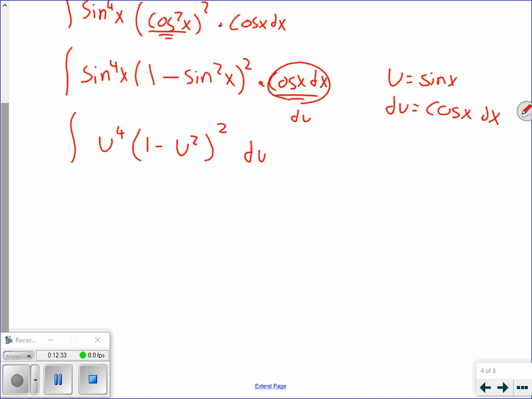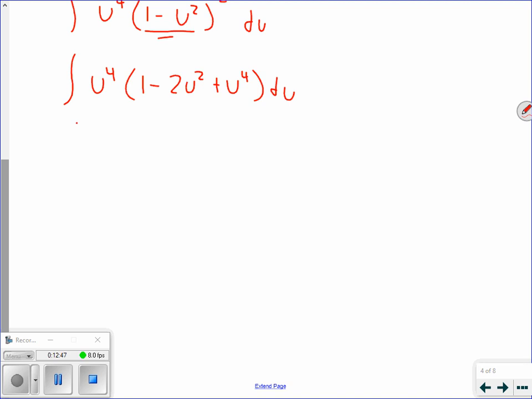All right, now this is just a polynomial to solve. I think we should FOIL this. So we have u to the fourth times 1 minus 2u squared plus u to the fourth, du. We can distribute the u to the fourth. So we got u to the fourth minus 2u to the sixth plus u to the eighth, du, and then that's just power rules, right?